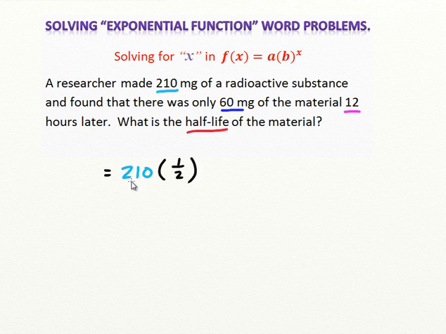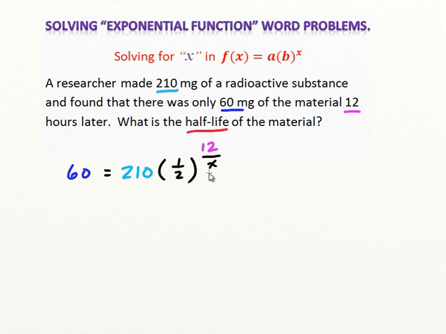At some point in the future, only 60 milligrams remained. That was the final resultant amount. We are told that it took 12 hours for that to happen. But what we don't know is the half-life period. So in this case, the x is in the bottom of the fraction.